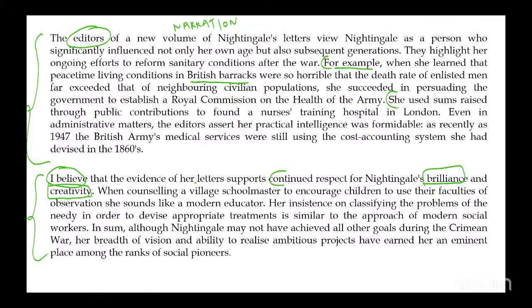It says, and this is an example to support brilliance and creativity: when counseling a village schoolmaster to encourage children to use their faculties of observation, she sounds like a modern educator. Just look at this. Modern educator. Why? Because of encouraging children to use their faculties of observation.